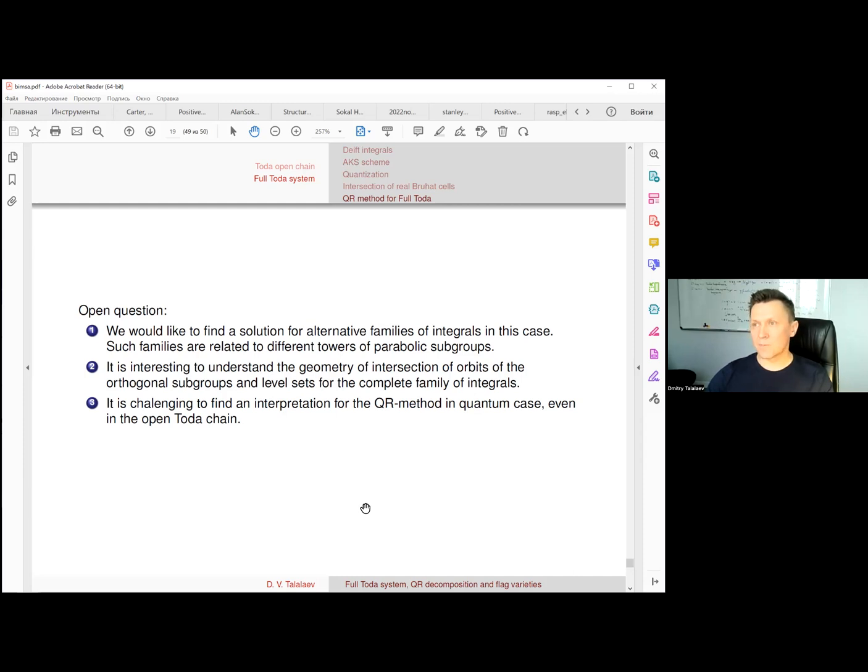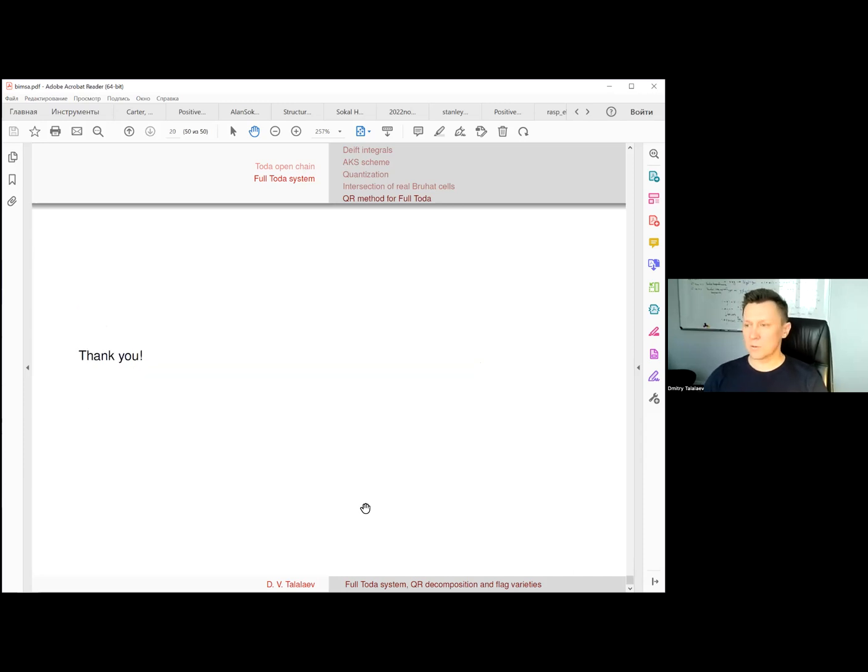And maybe the last question for today is a quantum interpretation of the QR method of solution of the system. It is interesting even in the open Toda chain case. Thank you very much.